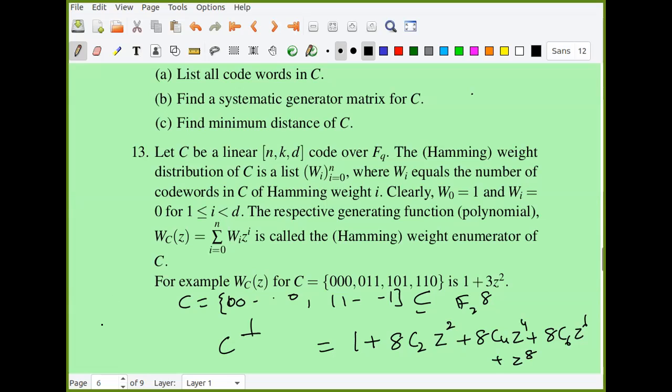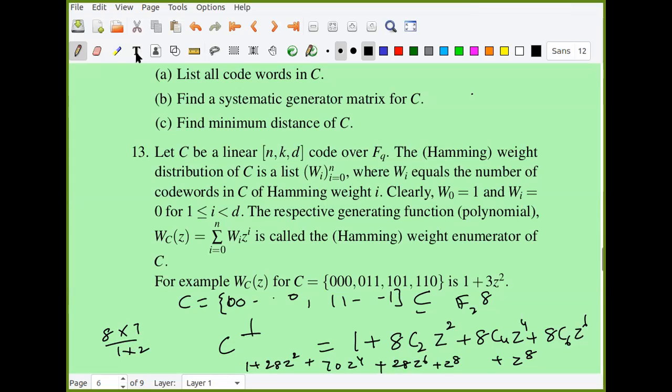So what is 8 choose 2? 8 into 7 by 1 into 2, that is 28. So 1 plus 28 z square plus, 6 also same thing, 28 z power 6, z power 8. Now the only thing I need to look at is something around 70 we will get.